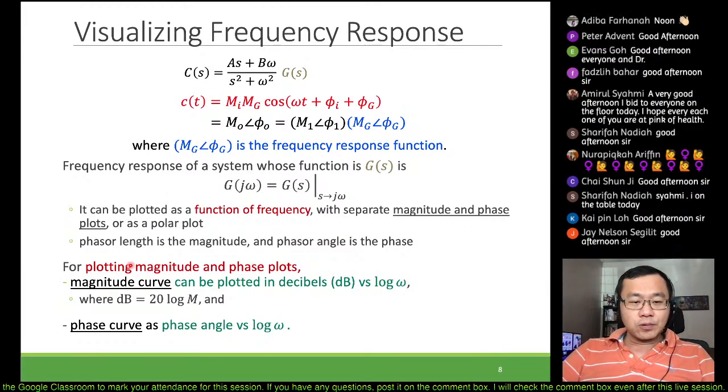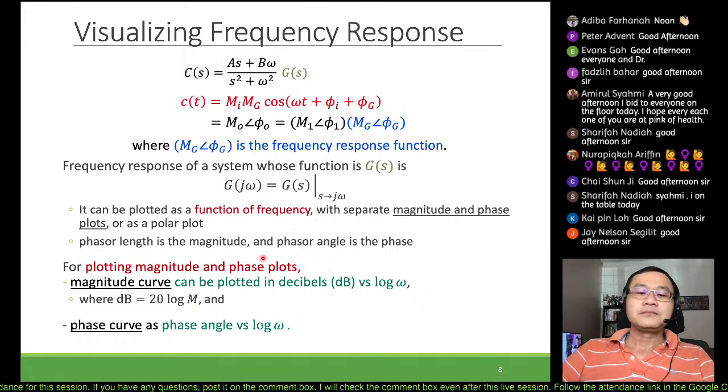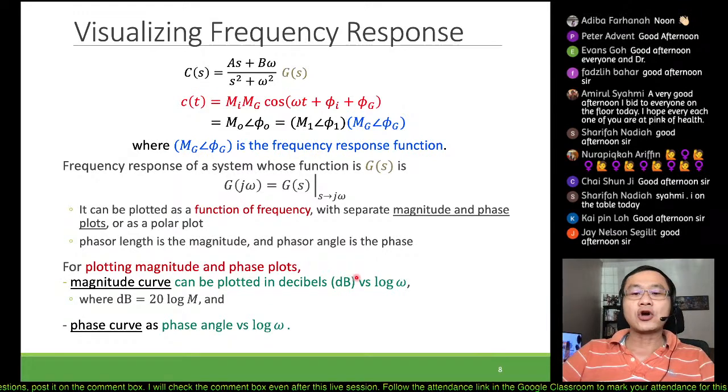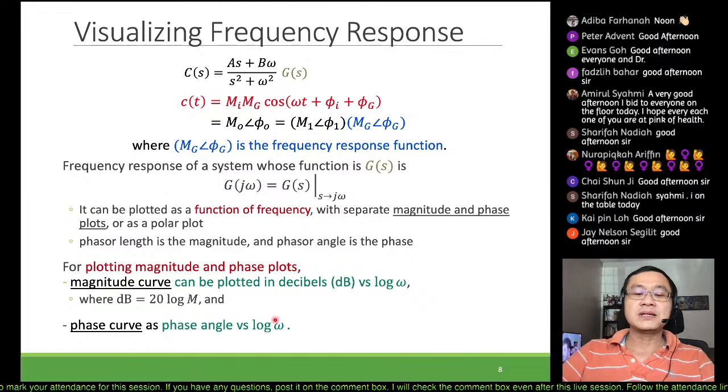So in order to plot this magnitude and phase plot, we want to plot in the unit called decibel, dB, versus log omega, where dB is defined as 20 log magnitude M, and the phase angle is plotted on a second axis, the phase angle versus log omega.